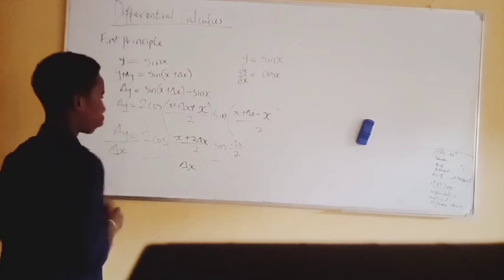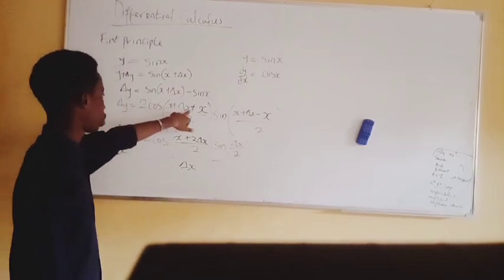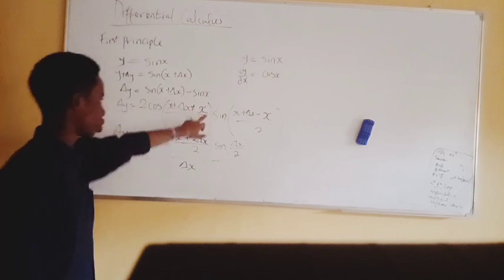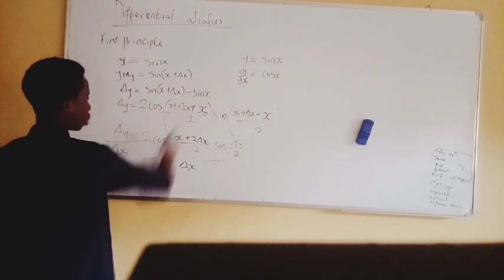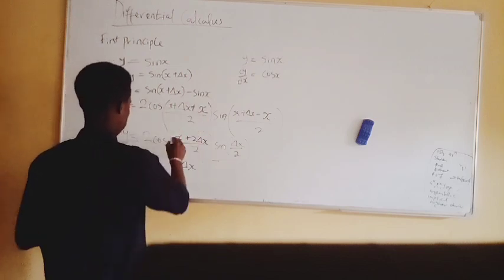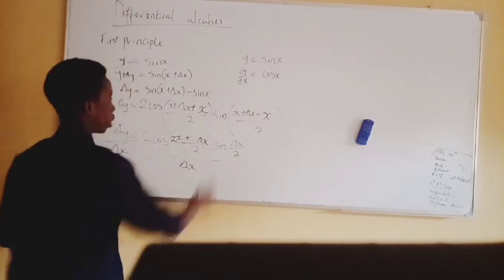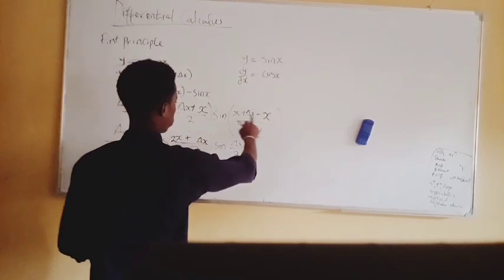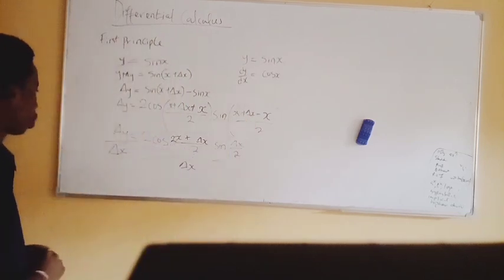So if we can follow from here, it is x plus delta x plus x, and x plus delta x minus x. If we do the arithmetic, x plus x gives us 2x plus delta x, while x minus x is 0. So we have only delta x here.